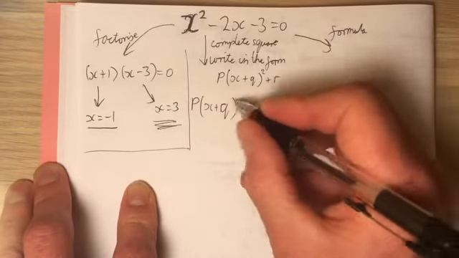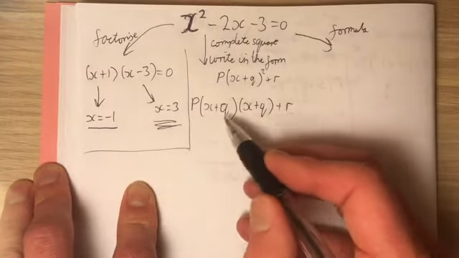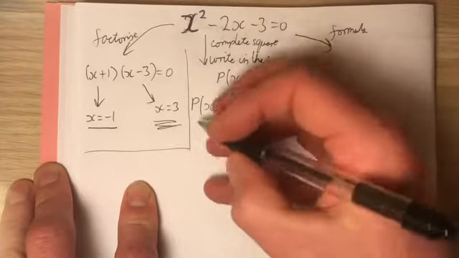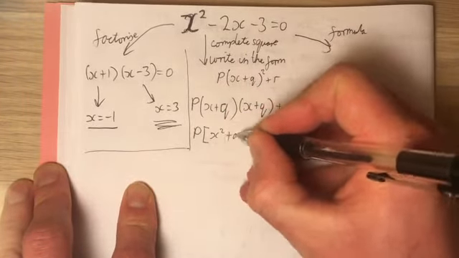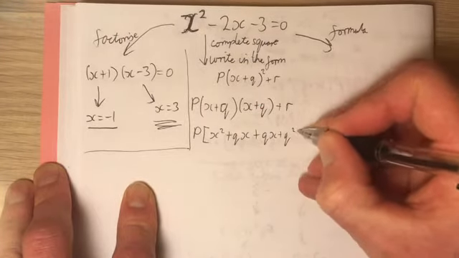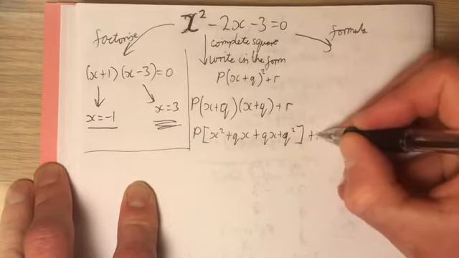And then I'm going to expand out these brackets the same way we expanded out these. So x times x, x times q, q times x, q times q, and p times by everything. So p lots of x squared plus qx plus qx plus q squared, when I expand out those brackets there, plus r.